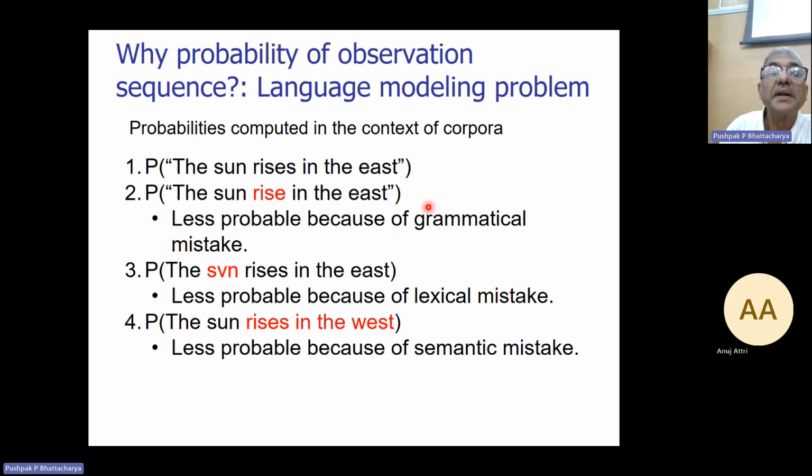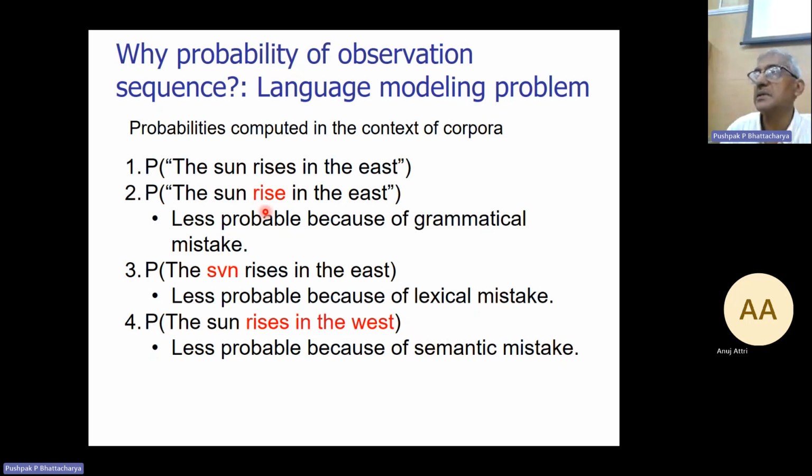Now, the second sentence will have low probability because the probability of rise given sun, which is a trigram probability, will be low. If the corpus is a good, grammatically well-constructed corpus, sun rise will have very little probability.